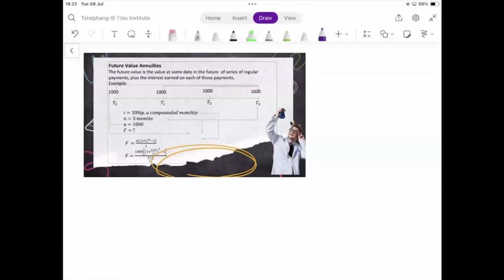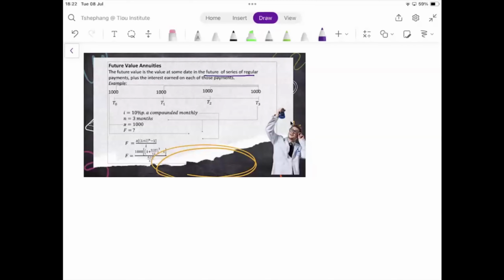Okay, so let's look at the definition here. The future value is the value at some date in the future of a series of regular payments plus interest earned on those payments. Now you are saving money. So if you're saving money, the lump sum or the end amount, the big amount, is going to exist where? Somewhere in the future. That's when you use the future value annuity.